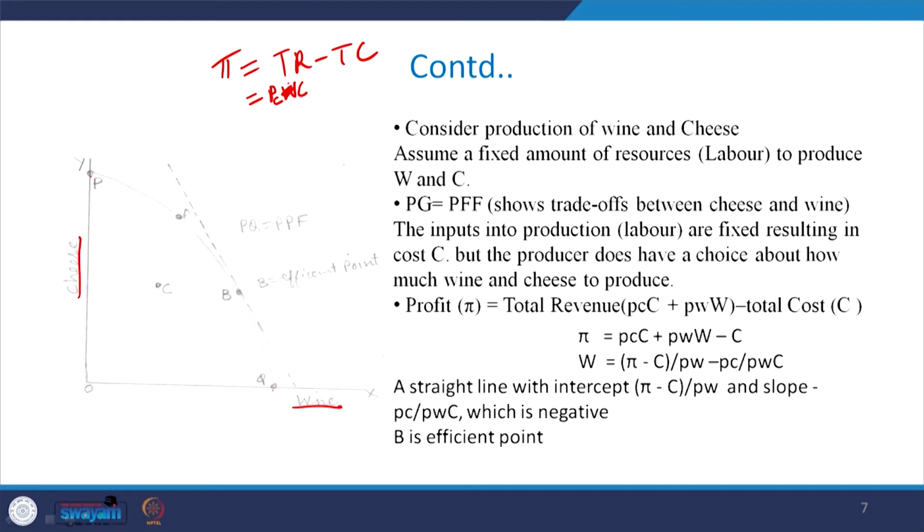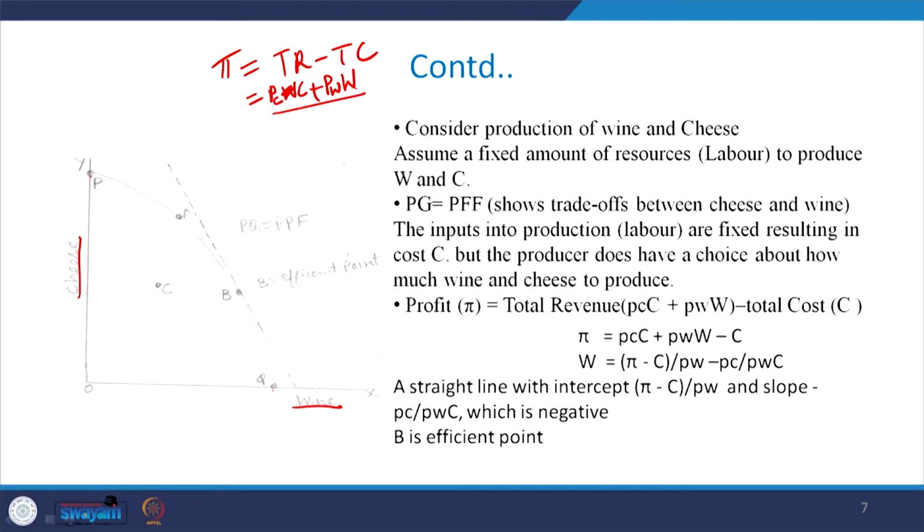If you multiply the market price of cheese by the quantity of cheese, you will get the total revenue received from cheese, plus the second product, wine. The price of 1 unit of wine is PW, multiplied by the quantity of wine. So, this is actually the total revenue.